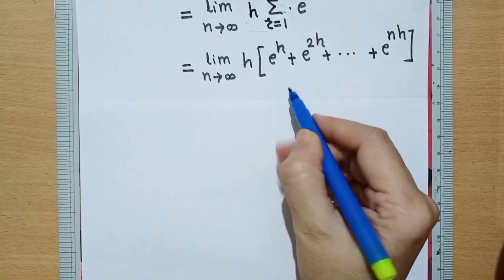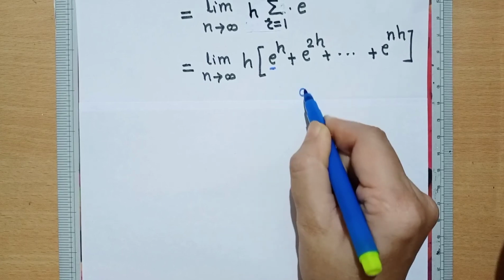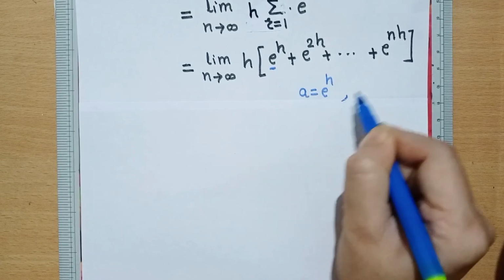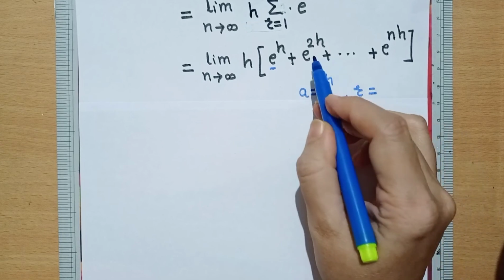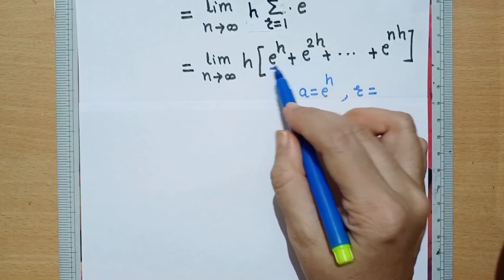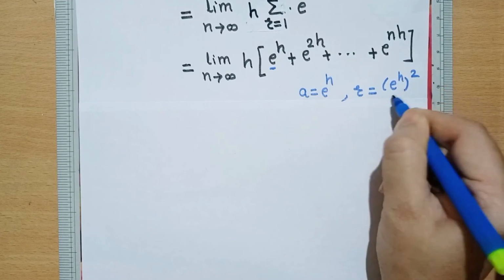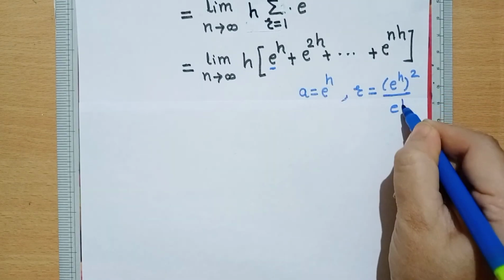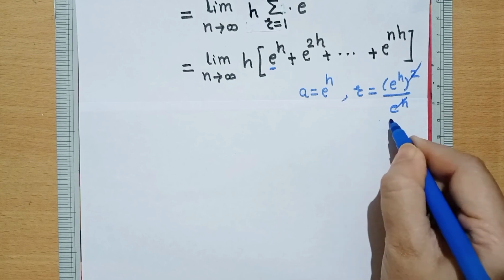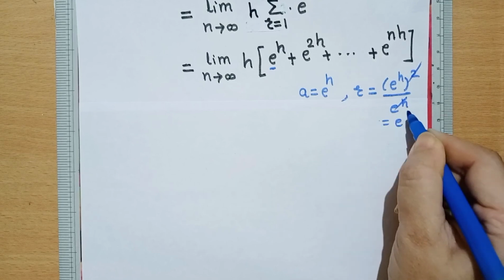Since this is a geometric progression, here the first term a is e raised to h, then the common ratio r is equal to the second term divided by the first, e raised to twice h, meaning e raised to 2h, and upon this first term, e raised to h, so 1 e raised to h gets cancelled, and this is e raised to h.